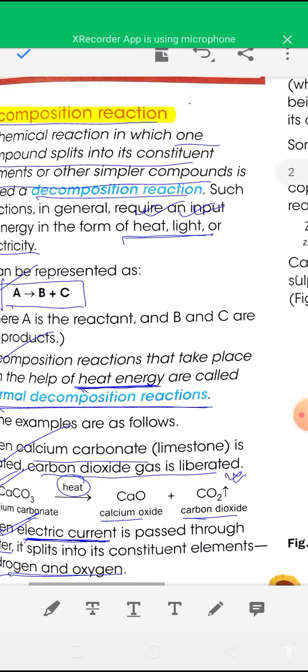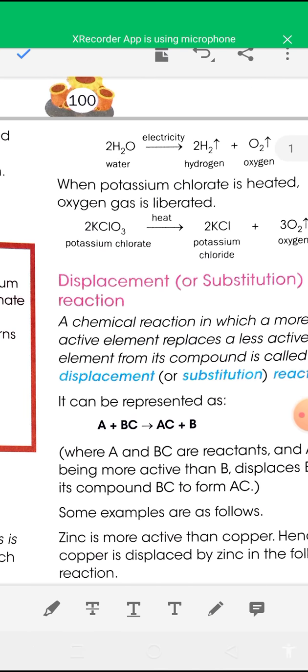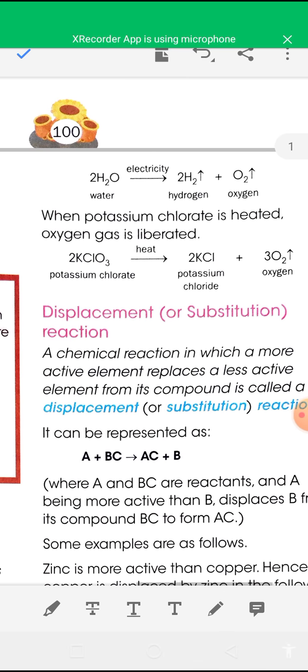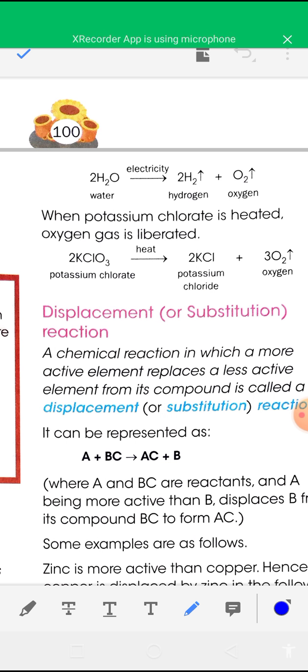The chemical equation is 2H2O, and above the arrow you have to write the reaction condition, that is electricity. In this reaction energy is supplied in terms of electricity, and the products are H2 and O2, hydrogen and oxygen. 2H2O gives 2H2 plus O2.